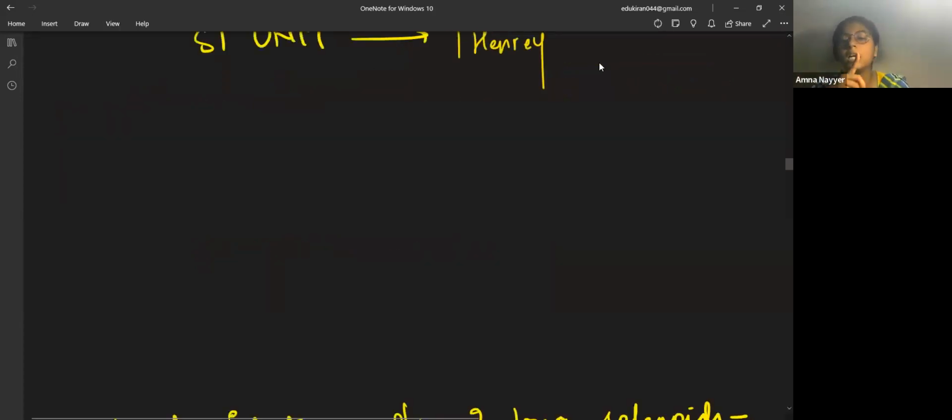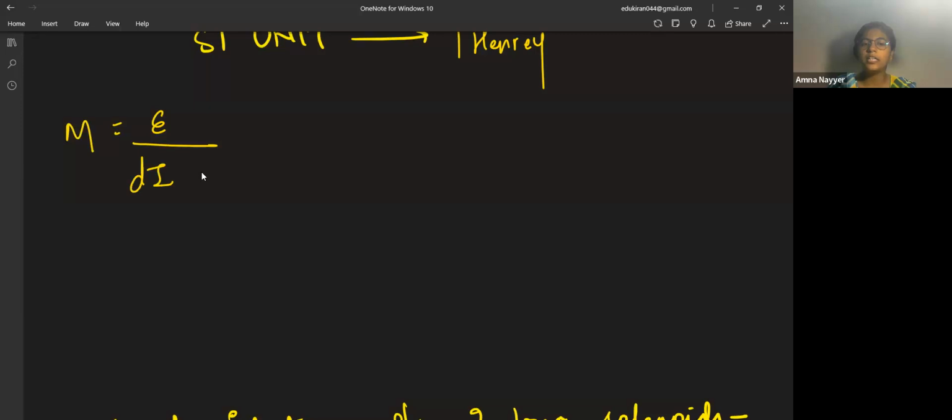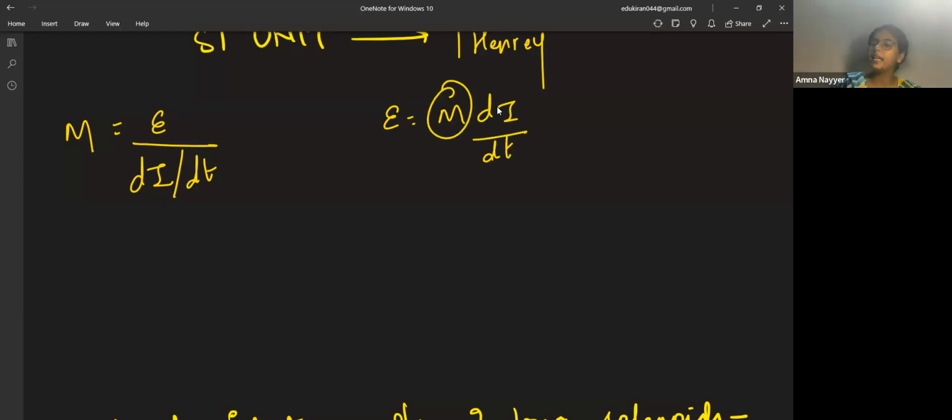One more thing, class. Sometimes you are asked to define 1 Henry as well. So how will you define 1 Henry? See, mutual induction, this will be EMF divided by di over dt, right? How? E was M di over dt. So M will be E divided by this entire term, right?